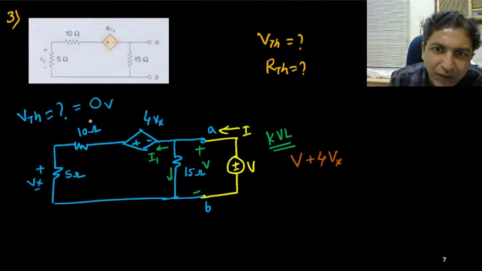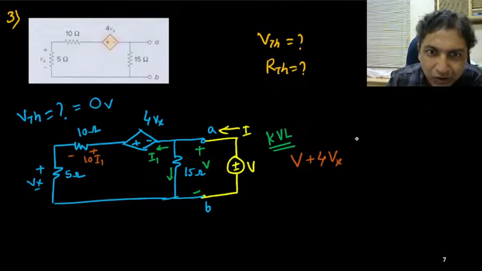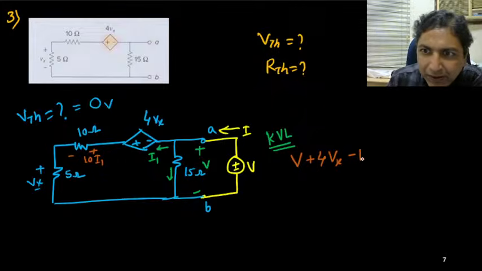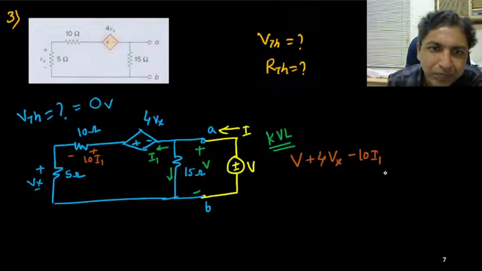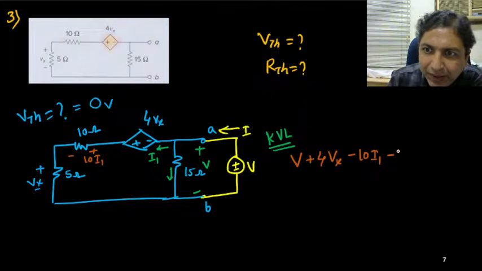Now what is the drop across this one? The drop across this one is 10 into I1. Am I correct? So this is plus, this is minus, so it is a negative sign, minus 10 I1. And this is your Vx, this is plus, this is minus, so minus Vx, and that is equal to 0.